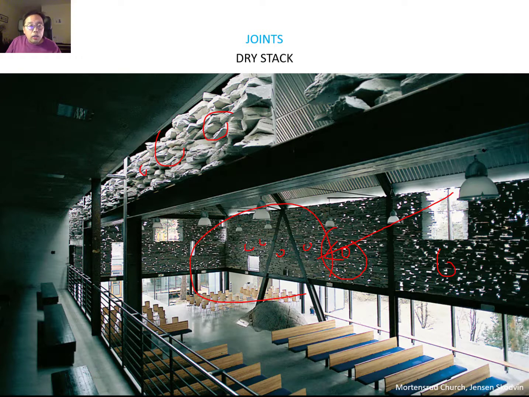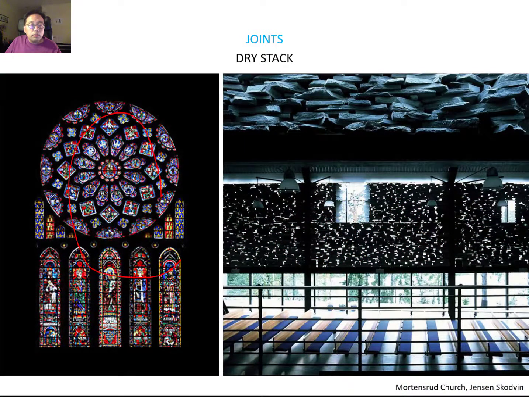The architect was inspired by the stained glass of the Gothic church and wanted to express that feeling of the church. They focused on how to create this diffused lighting feeling from the stone stacking elevation.